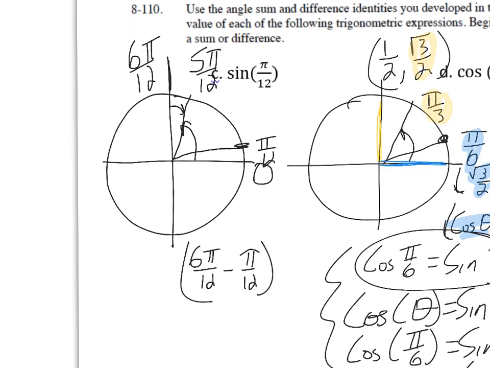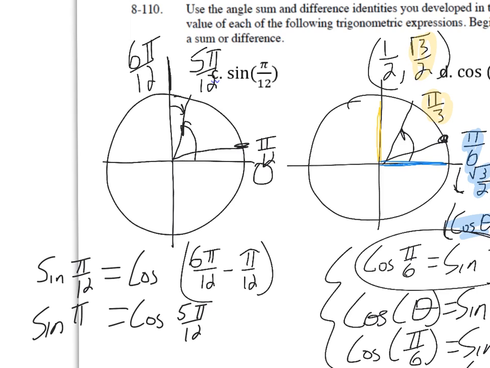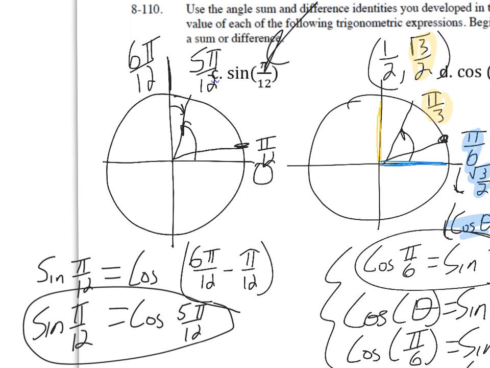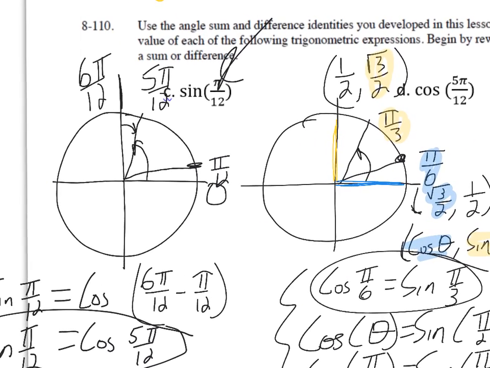So the sine of pi over 12 has to equal the cosine of 6 pi over 12 minus pi over 12, or the cosine of 5 pi over 12. Now, that's mathematically kind of our little proof that these two questions we have up here, parts C and D, are going to have the same answer. The sine of pi over 12 is going to be the same as the cosine of 5 pi over 12.